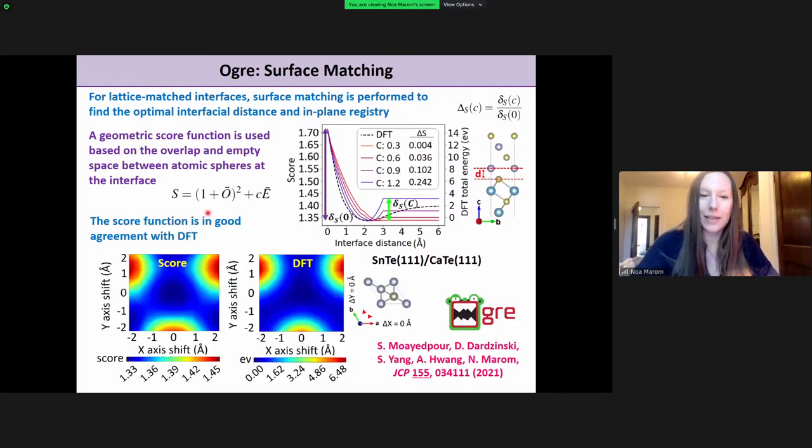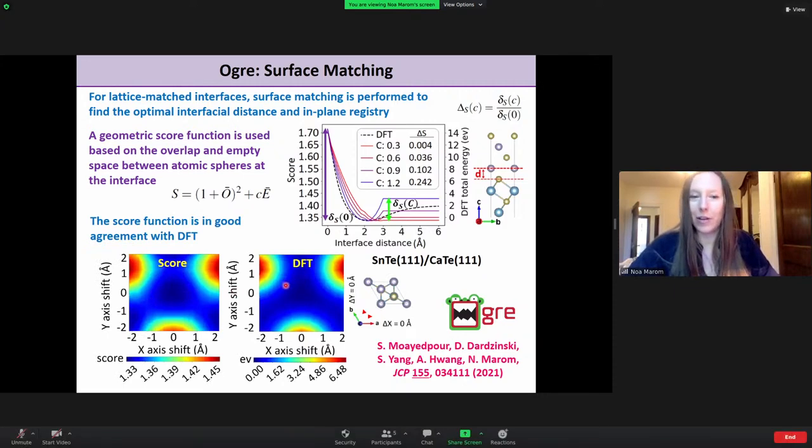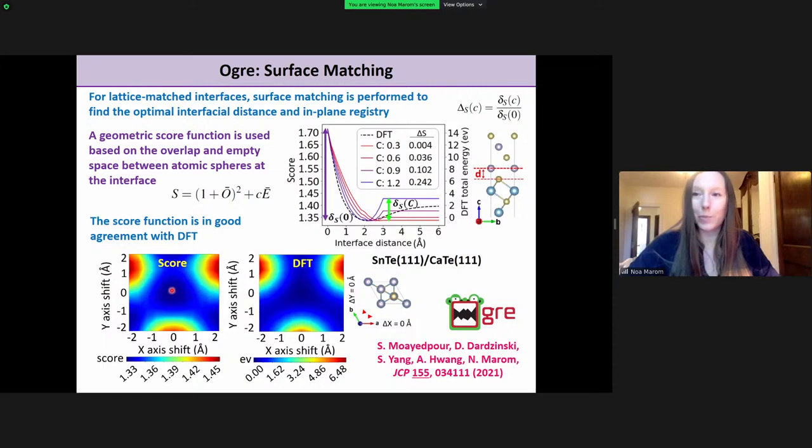With that C parameter, the score function is in very good agreement with the density functional theory reference, and it gets the positions of the extrema, the minima and the maxima, correctly, which is pretty good considering that there's no quantum mechanical information going into this score function.